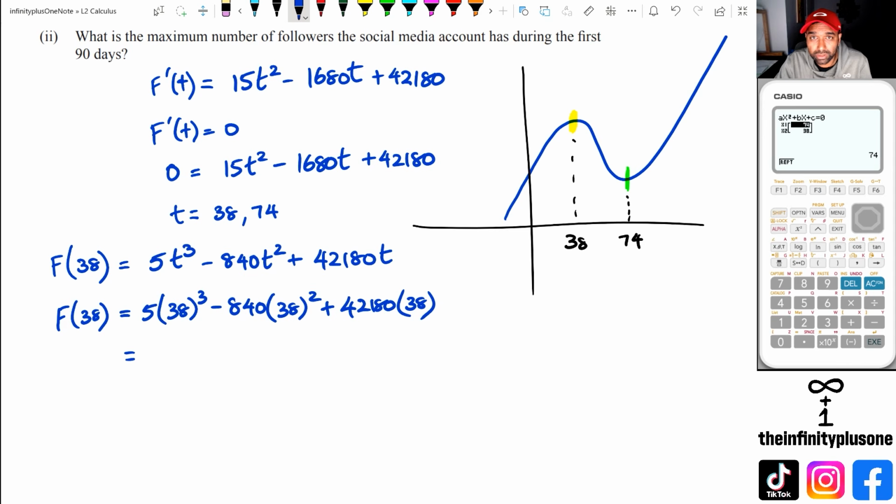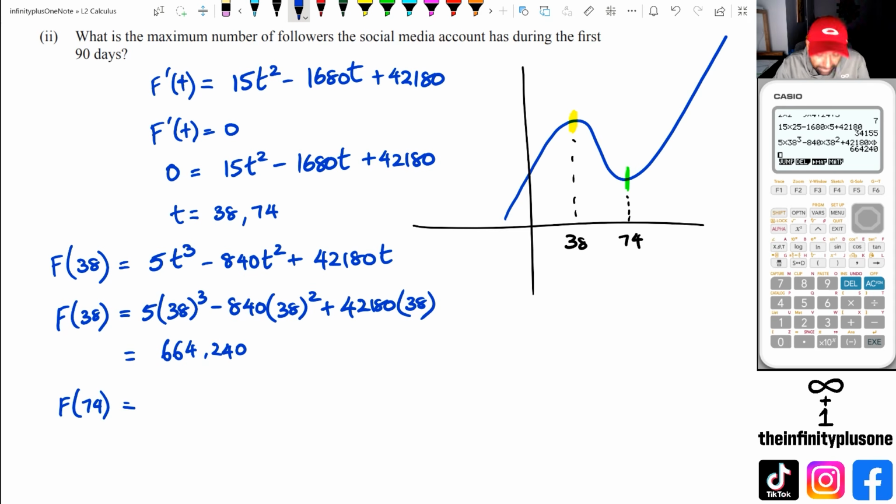Put that all in the calculator. All right, so that comes out to be 664,240. Now, you could actually find the minimum as well. You could go f of 74 to prove that f of 38 is the maximum.